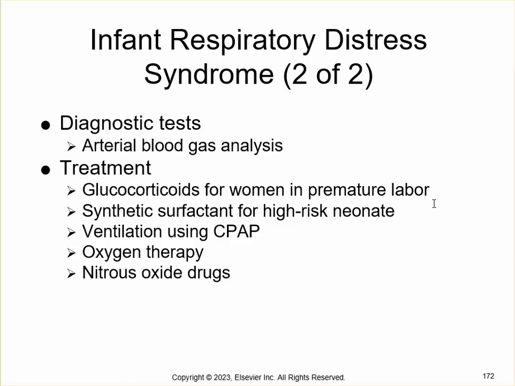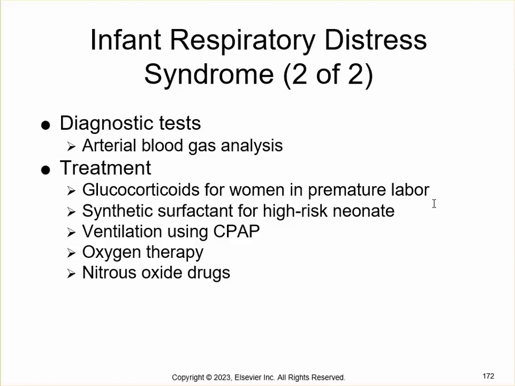If we know people are in premature labor, we give them steroids. We give them glucocorticoids, prednisone. Probably when the baby is born, you put them in an incubator and you infuse synthetic surfactant into the incubator so that the air that the baby's breathing contains surfactant.